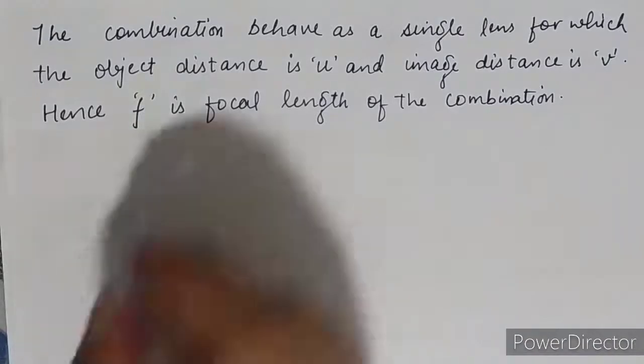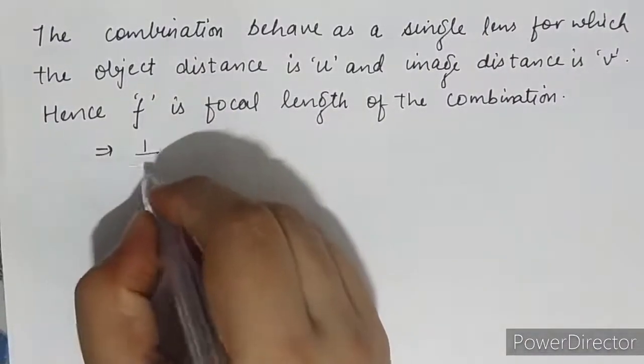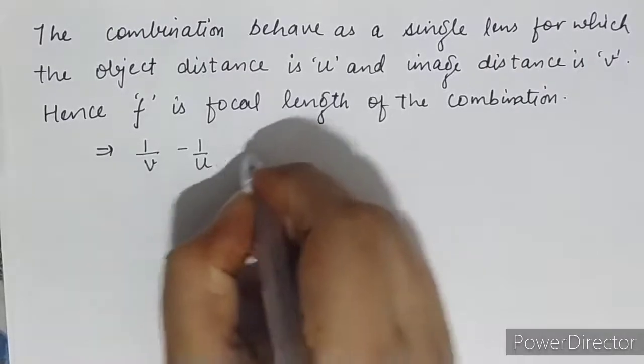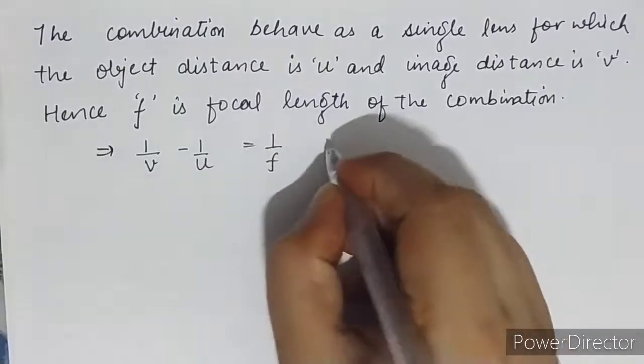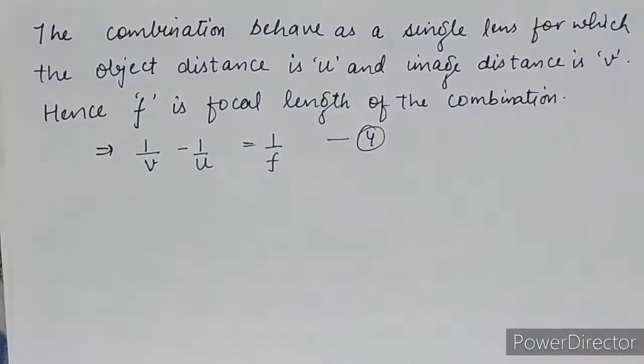Okay beta. So, it becomes 1 upon V minus 1 upon U is equal to 1 upon F, equation number 4, and this is your lens formula.